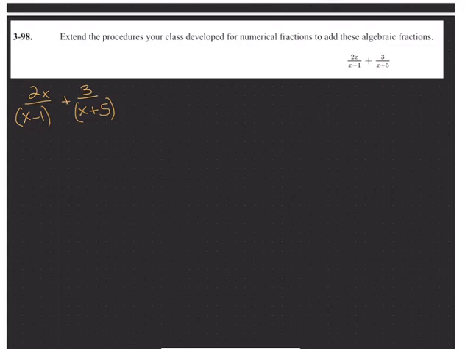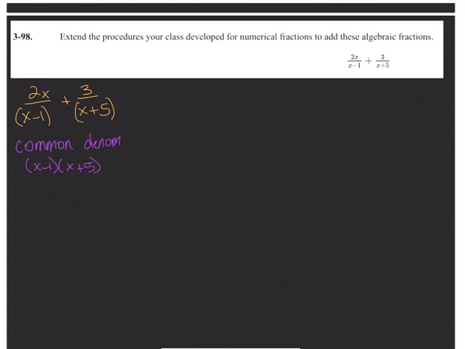So I'm going to write down what our common denominator is going to be. Our common denominator is going to be x minus 1 times x plus 5. Okay? I'm going to throw that below there. Save me a little space.